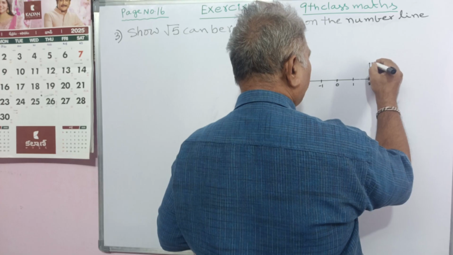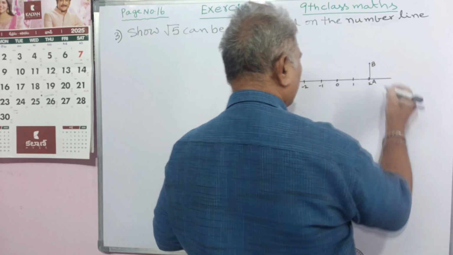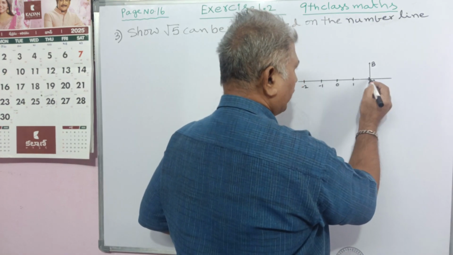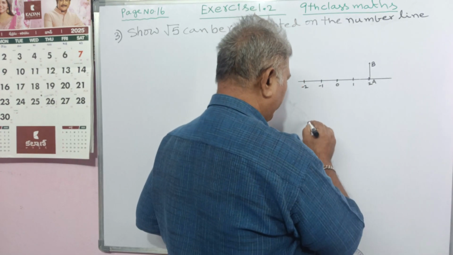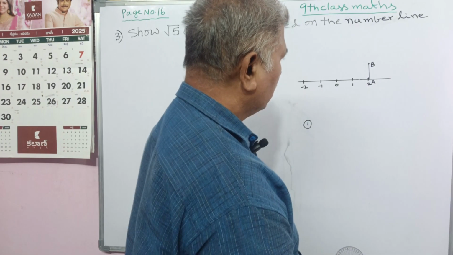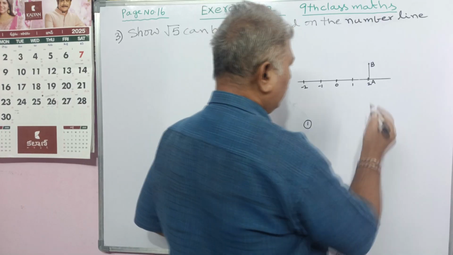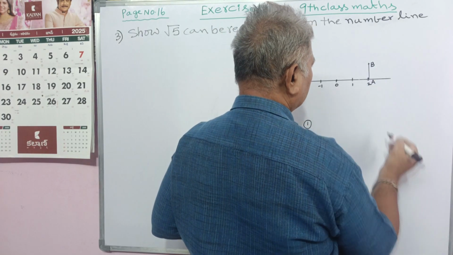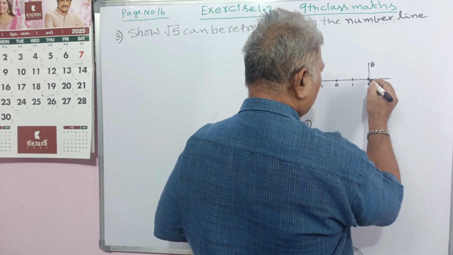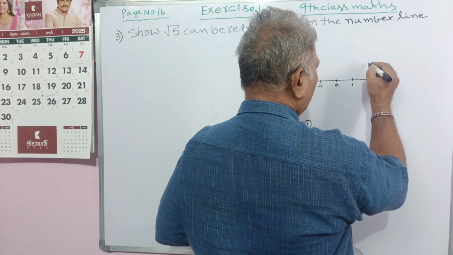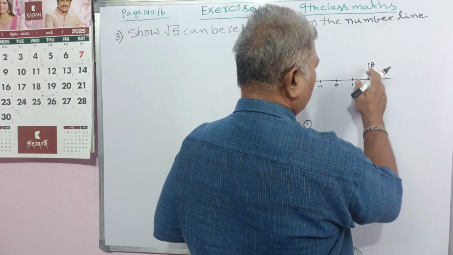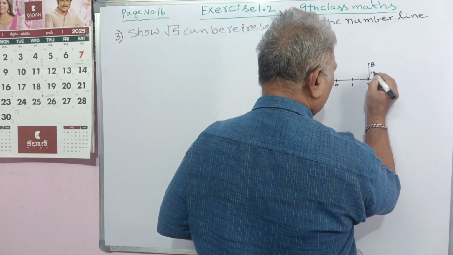This point is B. Take 2 units on the number line, and the point A. From this point A, draw a perpendicular line such that AB is equal to 1 unit.